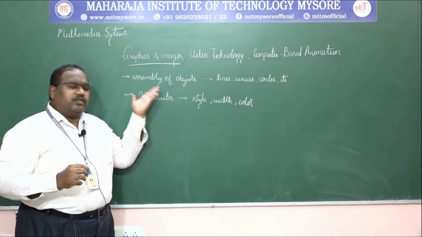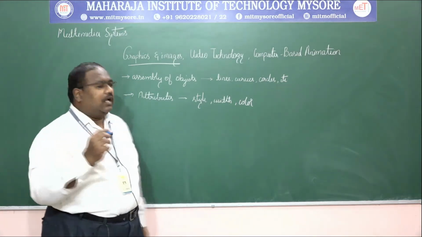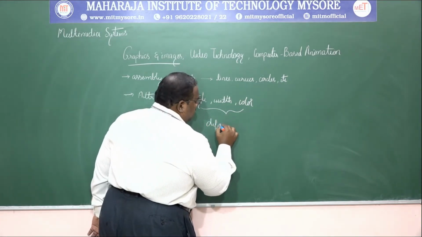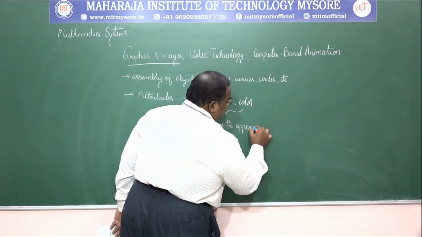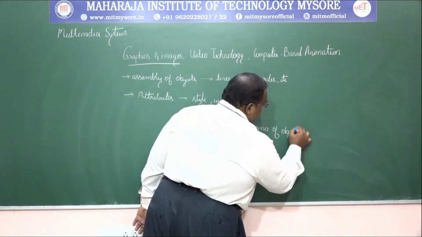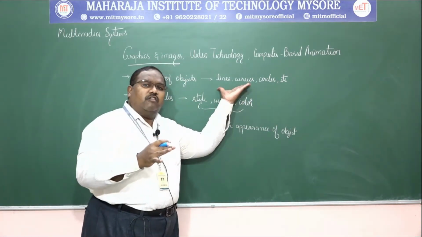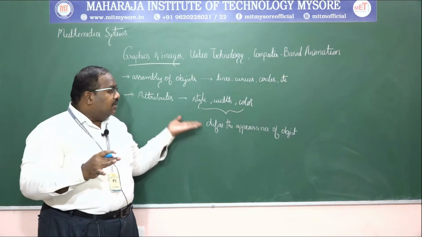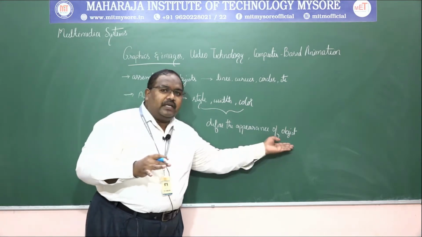When you talk about graphics, what are those attributes? Style, width and color. They define the appearance of an object. Now it's very clear that a graphic is formed of lines, curves and circles. How they are represented as a graphic is by the style, color and width. So these define how graphics appear as an object.